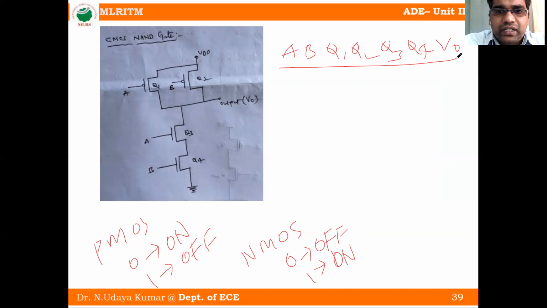First case, 0, 0. Whenever 0, 0 is given, Q1 is on because it is a PMOS transistor. Q2 is also on. Q3 is off and Q4 is also off.